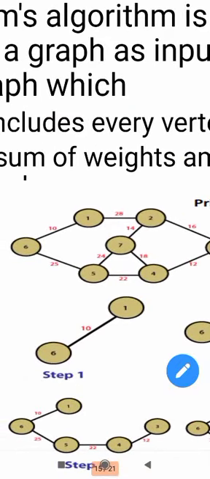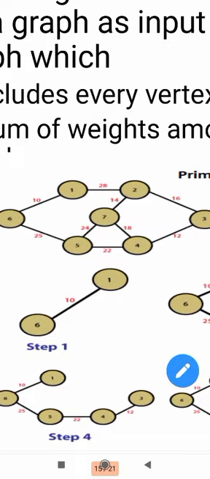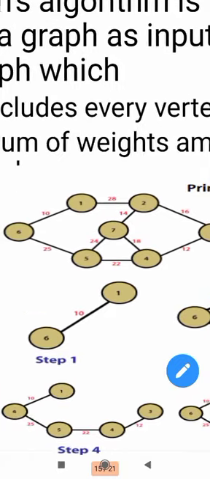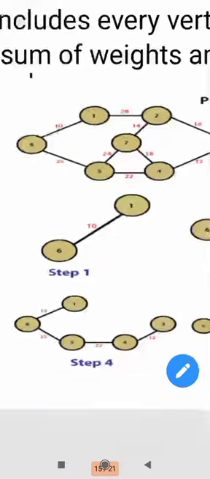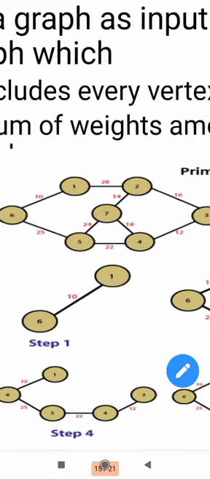Consider this as a graph. Here what are the vertices? 1, 2, 3, 4, 5, 6, 7. These are the vertices. What are the edges? The lines connecting the vertices are called edges. The red labels are called weights. So here consider the minimum weight.